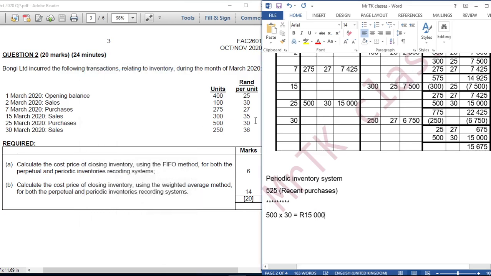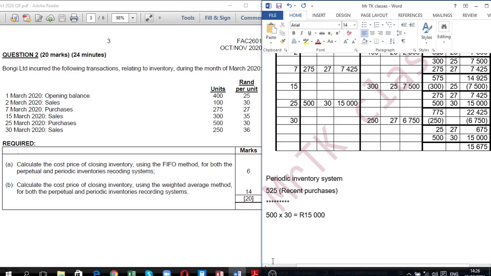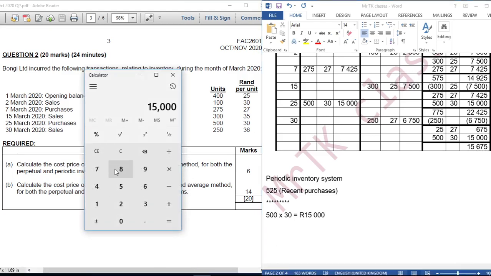But do you see that we want to value 525 units, and we have already given value to 500. So how many units do we still need to give value to? 525 subtract 500 that we have already valued. It means we still need to give value to 25 units.